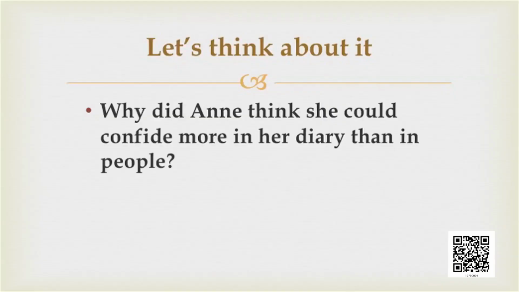Whatever we have discussed till now has been given in the first 4 pages of the text. Now I am going to ask a few questions. The first one is, why did Anne think she could confide more in her diary than in people?